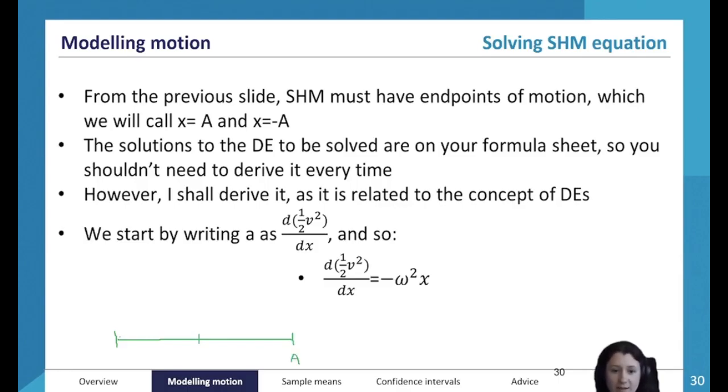That's A, that's negative A, and the center is just 0. So essentially, A, the amplitude, is just the distance from the center to the endpoint, exactly the same as with trig equations, right?